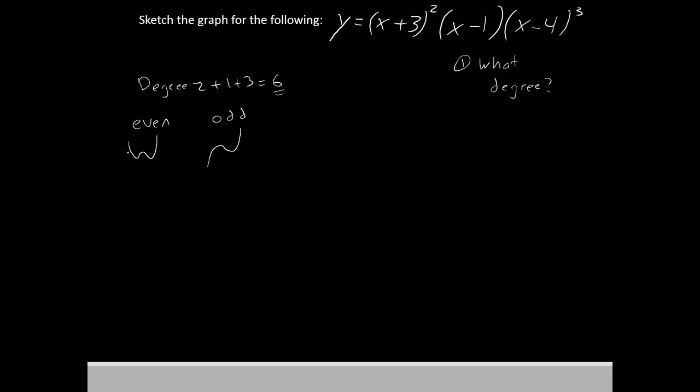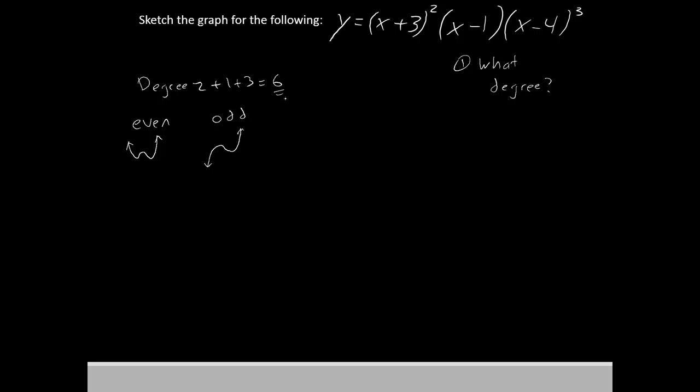The most important thing to realize is that if it's even, you'll have it coming in from the top, it'll curve around a bit, and then come back up. If the value of the coefficient in front of it is negative, then it'll just be upside down. If it's odd, it'll start at the bottom, work its way across, and then start going up really fast here at the end. Again, if the coefficient is negative, it'll just be flipped upside down.